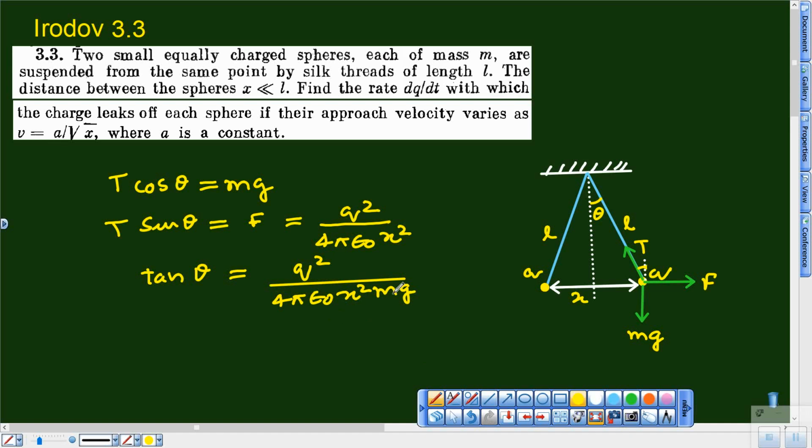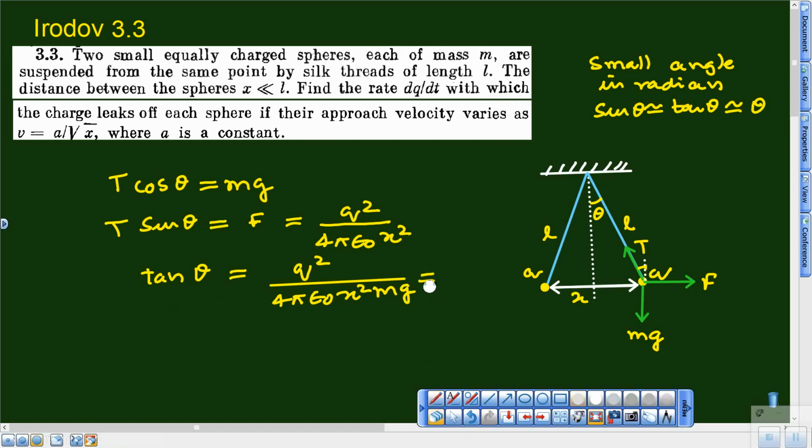But you know that for a small angle in radian, sin theta is nearly equal to tan theta is nearly equal to theta. Thus, we can afford to write tan theta as nearly equal to sin theta also. But sin theta can be comfortably written in this triangle.